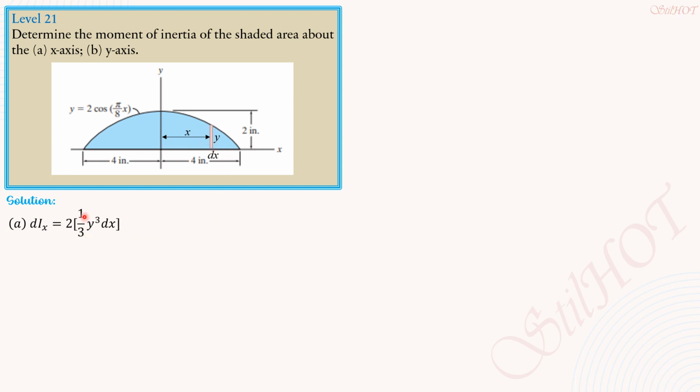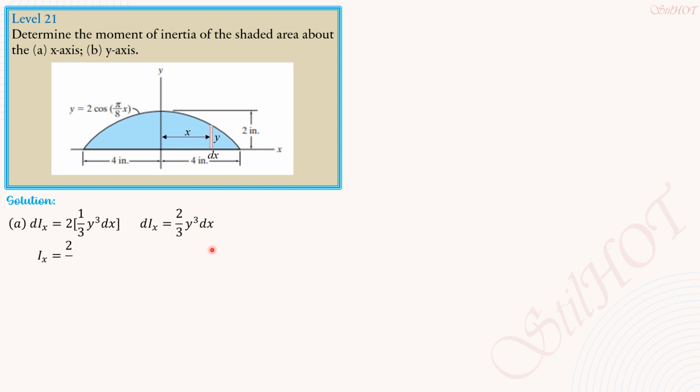Our base is 1/3 y cube dx, then multiply by 2 because we have two identical areas. So y is already given, so substitute: differential Ix is 2/3 y cube dx.